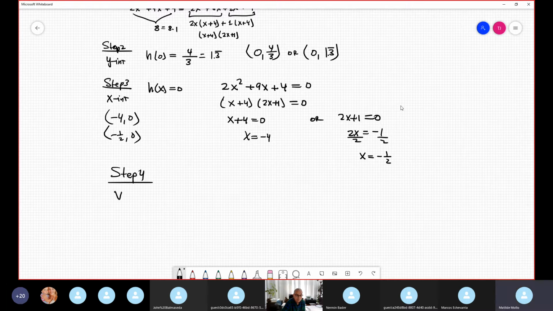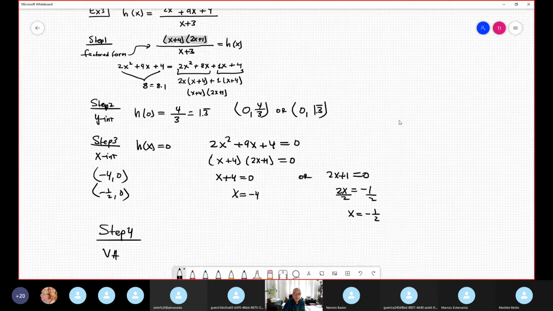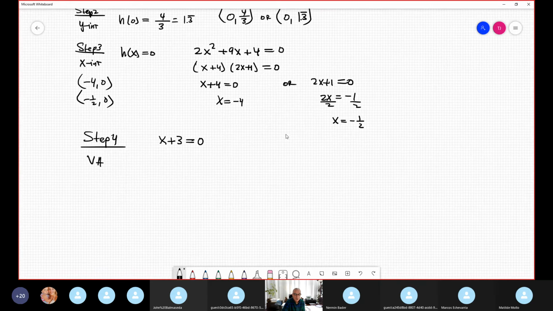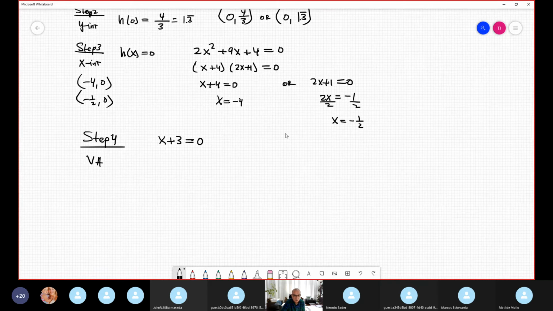Vertical asymptote. Vertical asymptote. And for finding that, you take the polynomial at the bottom, in this case, just x plus 3, and you enforce it to be 0. So the answer is -3. Wow, good, easy. Therefore, we have only one vertical asymptote. Only one. Okay, if you want to start the rough sketch.